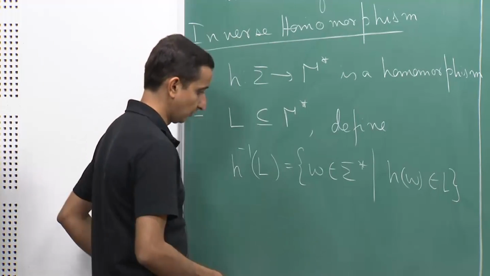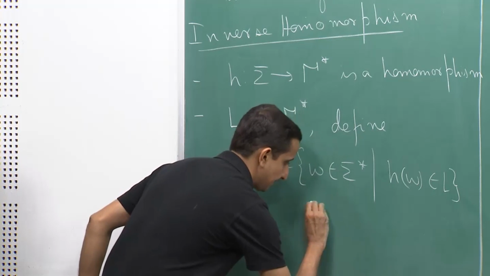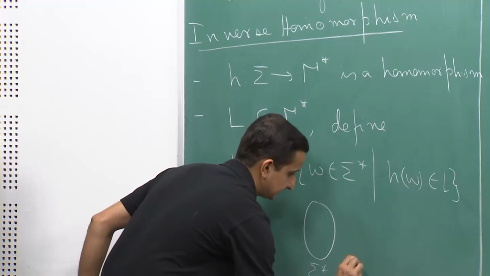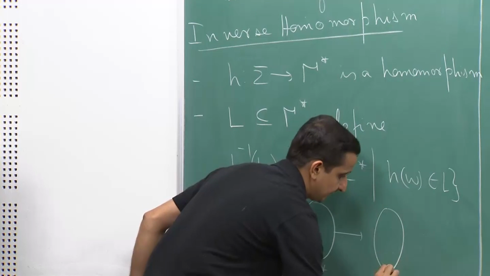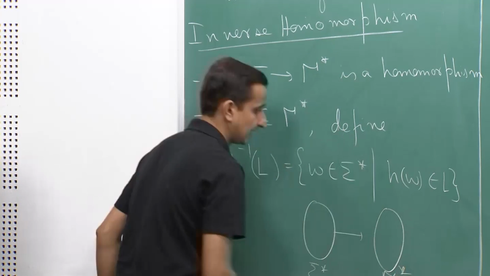Okay. So if you want to treat it as a map, so let us say this is sigma star, we have gamma star.